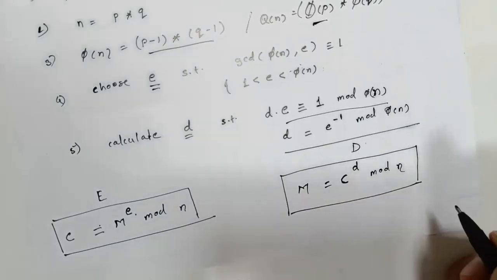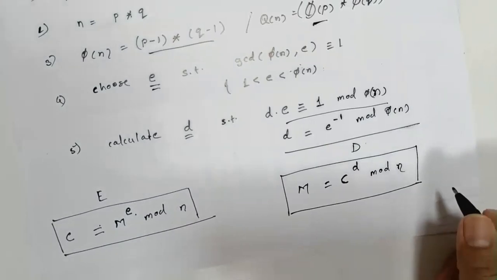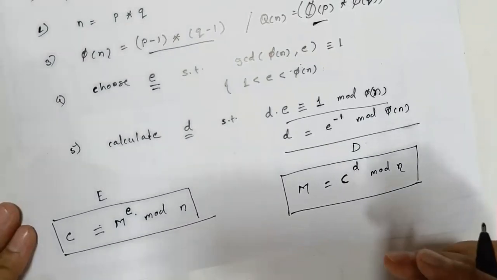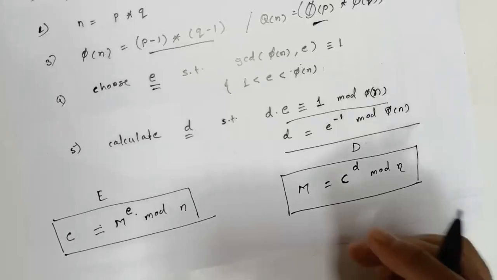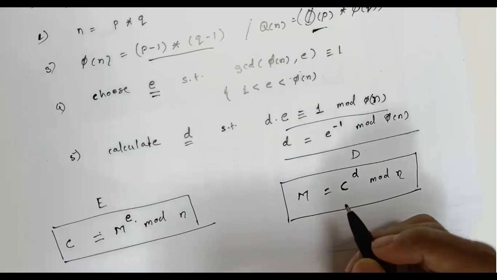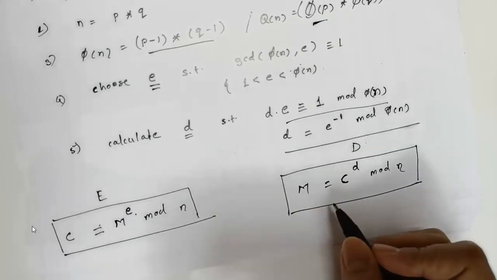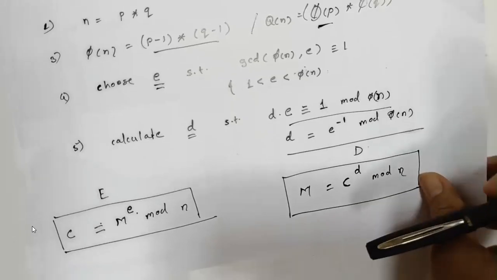So this is how RSA works. Now we will see an example of how, when we consider values, they give you the original message and ciphertext. If you have any doubts, please let me know.